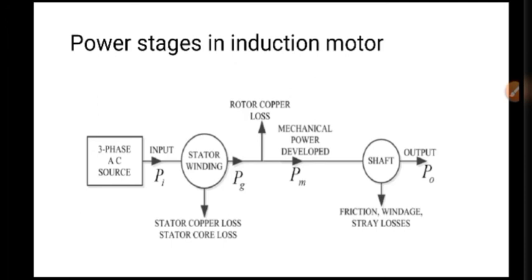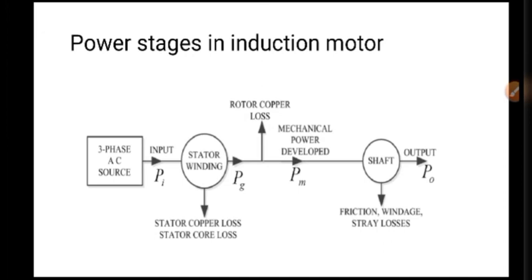Second loss is the stator core loss. Stator core loss consists of eddy current and hysteresis loss. This loss depends upon supply frequency and flux density, and both quantities are practically constant. Next, some amount of the input energy is wasted in the stator loss and the remaining power is available to the rotor.